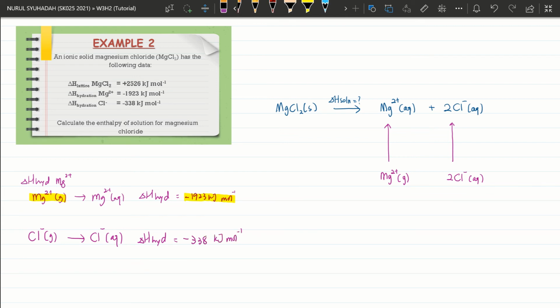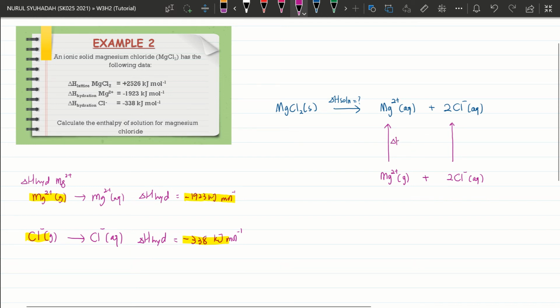So the value over here is for 1 mole of Cl-. Why do I keep emphasizing this? So if you look over here, before I forget, let's put the plus sign there. For magnesium, 1 mole of magnesium gas to 1 mole of Mg2+. So this is the delta H hydration.